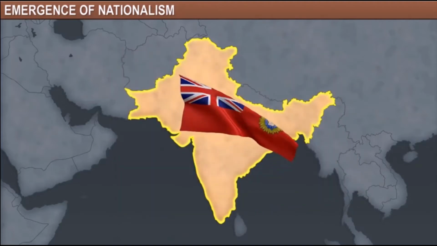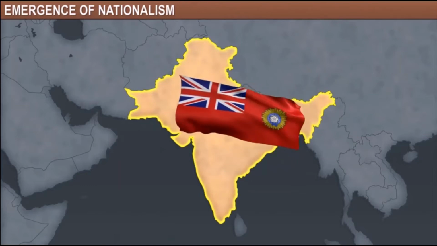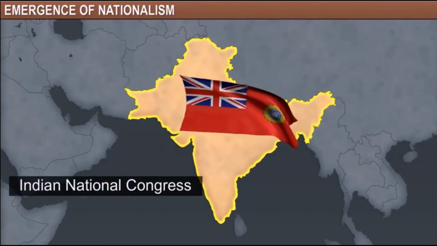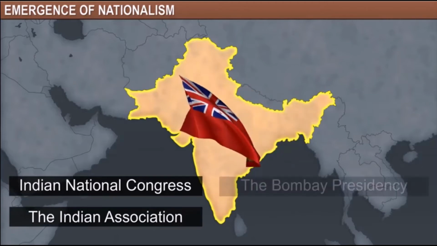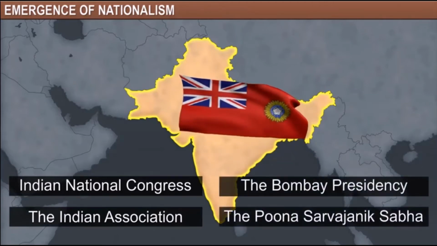This racial discrimination by the British left the Indians enraged and led to the setting up of organizations like the Indian National Congress, the Indian Association, the Bombay Presidency Association, and the Pune Sarvajanik Sabha.